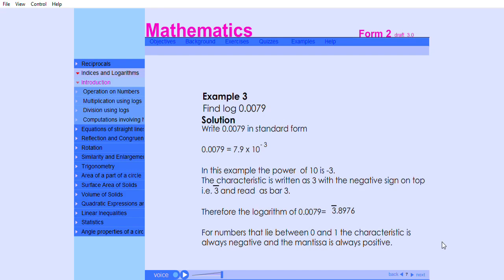The characteristic is written as 3 with the negative sign on top, that is read as bar 3. Therefore, the logarithm of 0.0079 is equal to bar 3.8976. For numbers that are between 0 and 1, the characteristic is always negative and the mantissa is always positive.